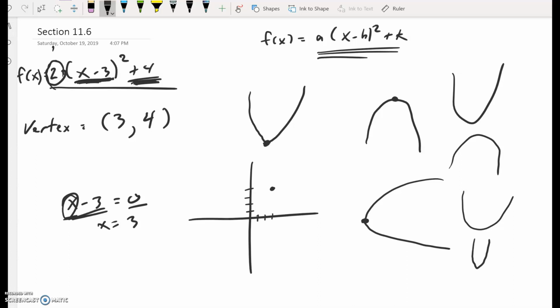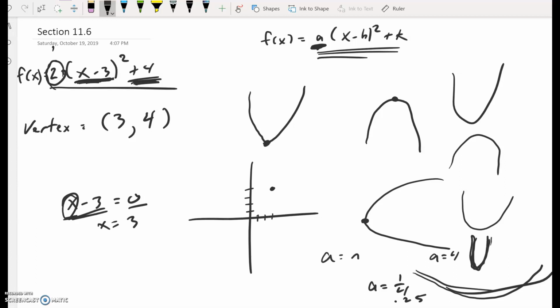And when it's smaller than 1, like a half or a third or a fourth, the parabola starts to expand out. So when this number in front, which we often call a, when a is 1/4 or 0.25, you'll get some sort of stretched out thing. When a is 4, which is a pretty big number, then it's going to be a very narrow thing. And when a is negative, then the parabola opens down.